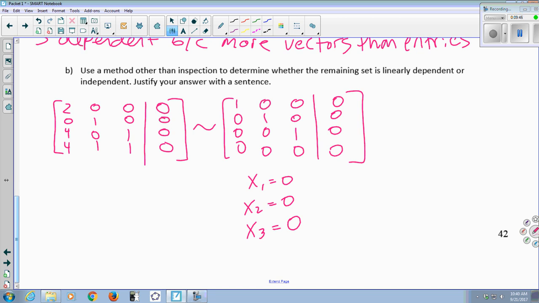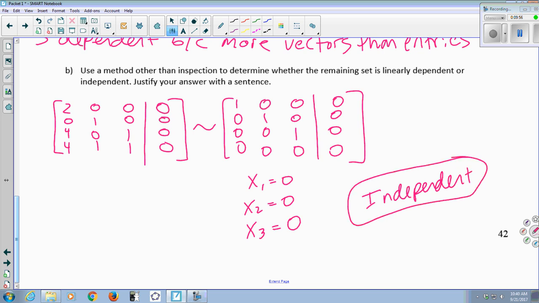That is the trivial solution, when everything equals 0. So this is linearly independent. If you get anything other than all zeros as your solutions, you would declare it linearly dependent.